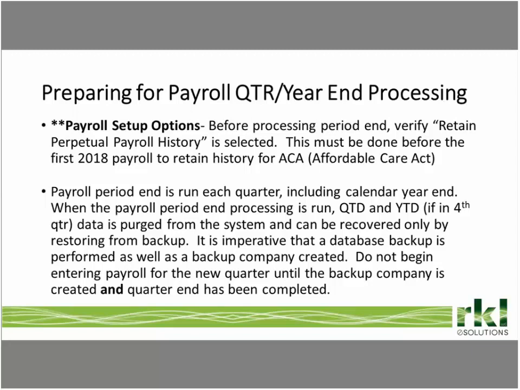There's 2 types of backups. There's a proper system backup that your IT group would help you with. There's also the copy company function that you're all familiar with, and we've set up naming conventions with many of you so that you keep copies of each of the company history available to you as it was at the time before you ran payroll period end.